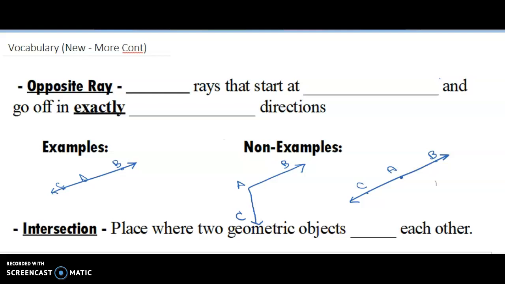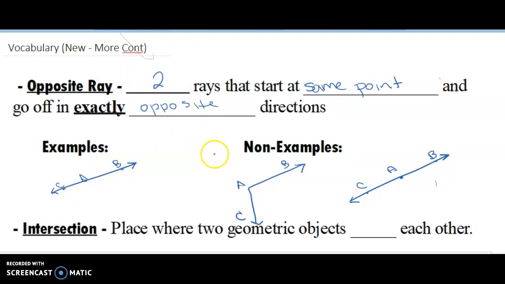All right, now let's talk about opposite rays. Opposite rays are 2 rays that start at the same point and go off in exactly opposite directions. I've pre-drawn these opposite rays. An example would be something that looks like this.